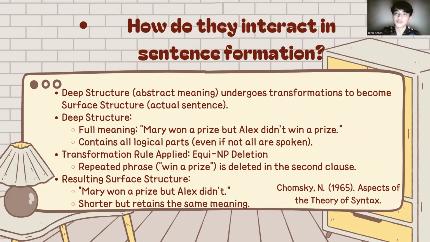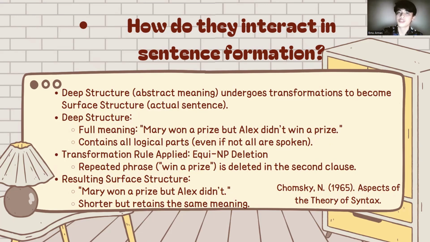Next, we're going to talk about how they interact in sentence formation. The deep structure, an abstract meaning of a sentence, undergoes transformation to become a surface structure, or the actual sentence. Like the example, Mary won a prize, but Alex didn't win a prize. The deep structure contains all logical parts, even if not all are spoken.